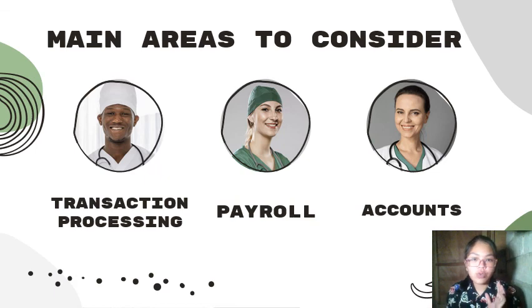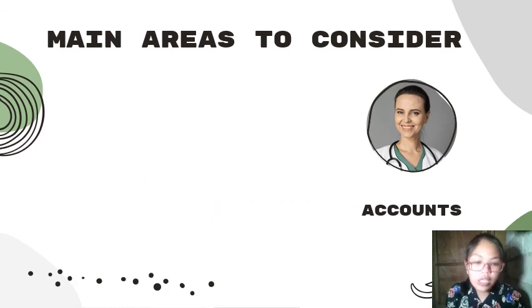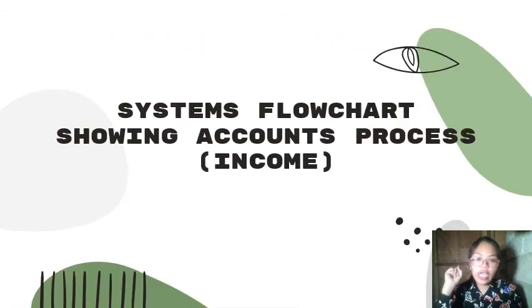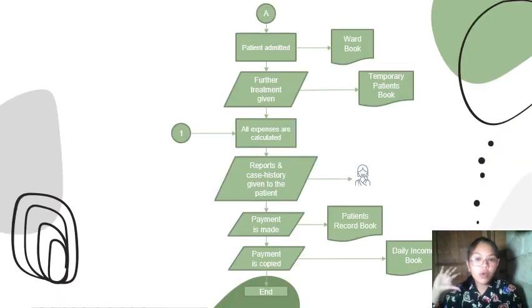Next area to consider is the accounts. The accounts are divided into 2. The accounts process for income: when a patient is admitted, of course, he or she is given further treatment.